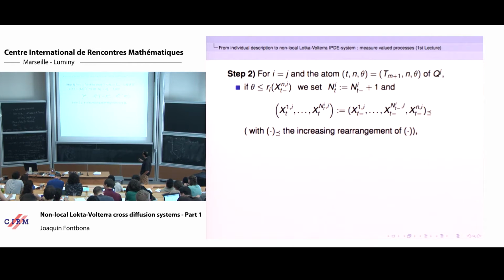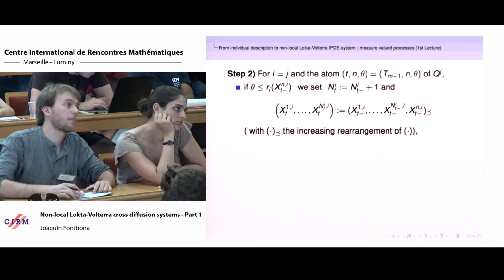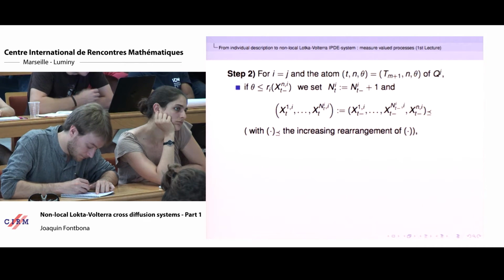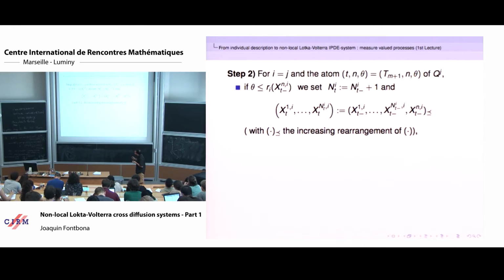Okay, so remember theta is smaller or equal than r plus something, so I can split that into two possibilities. So first, theta being smaller than r, which will happen at rate this number, and that will correspond to a birth event. So in that case, my population size increases by 1, and I add one individual at the same position. So n is the index of my individual who gave birth. So I add this mass, this point to my population, and I rearrange it just to assign the Brownian motions in a consistent way.